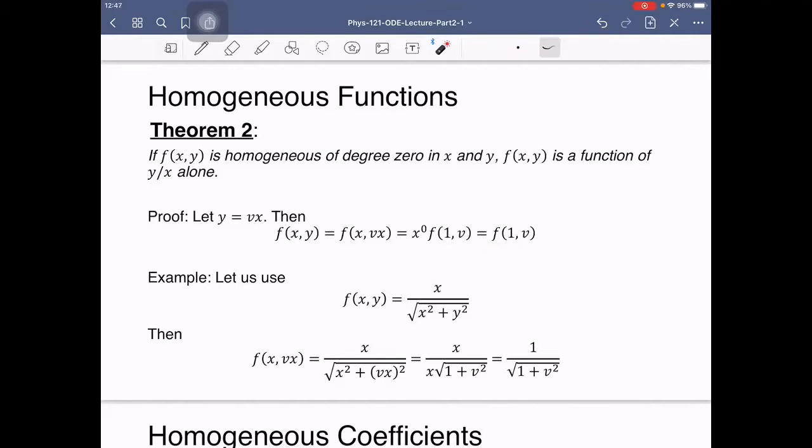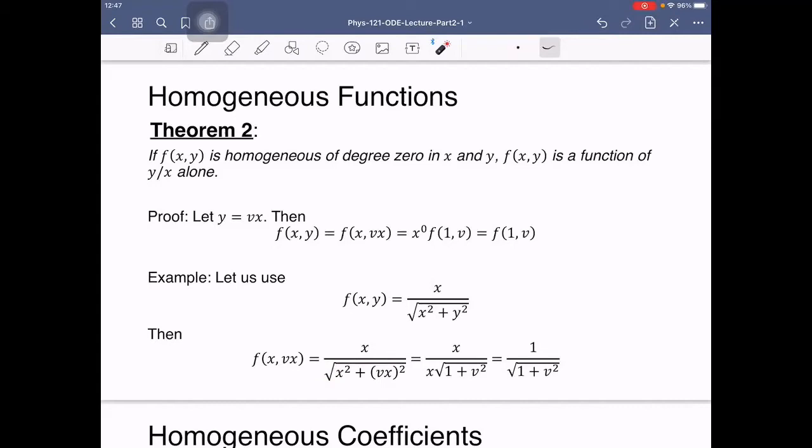So if you have a function f of xy, which is equal to x over square root of x squared plus y squared, palitan natin yung y with vx. So magiging ganito lang siya. And then, same function, now substituting y with vx. So kung titingnan nyo dito, magiging siyang x over square root of x squared plus quantity vx squared.